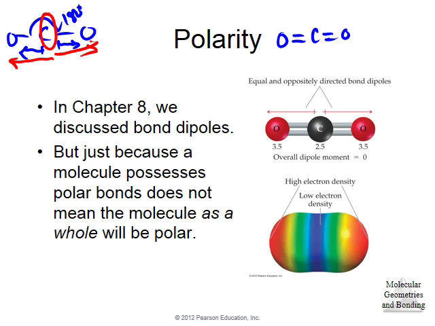Equal and opposite, they're going to cancel out. And that's the case for a nonpolar molecule. Even though each bond is polar, the net effect is nonpolar. It's like saying that each of you is pushing the table, but there is no net effect on the table because the 2 forces are canceling out.